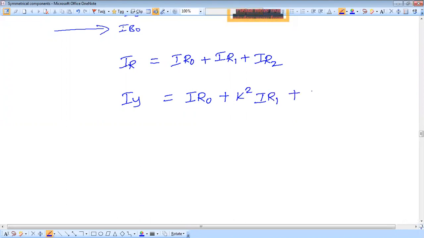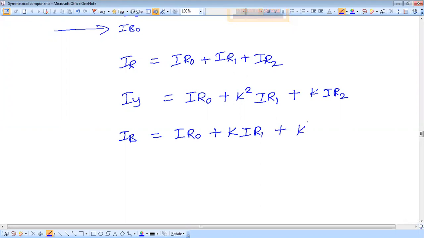IY2 in terms of IR2 is K times IR2. Similarly, what is IB? IB0 can be written as IR0, because IB0 is the same as IR0. IB1 in terms of IR1 is K times IR1. IB2 in terms of IR2 is K square times IR2, as we just did.